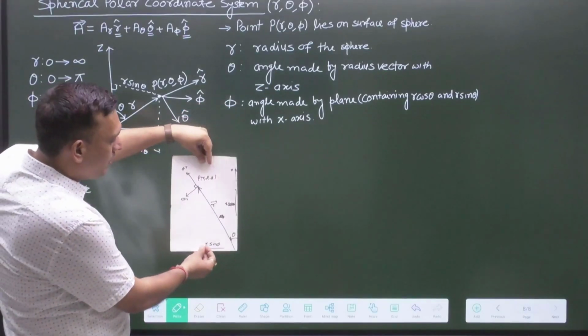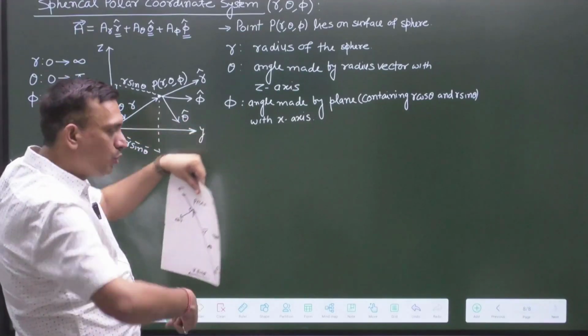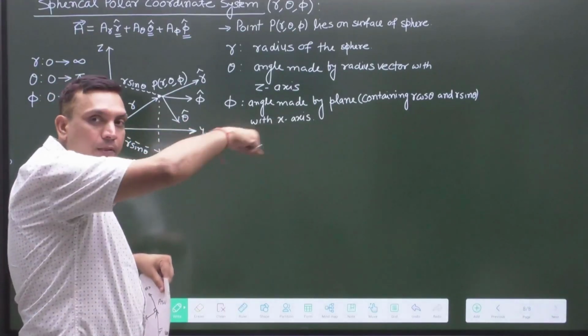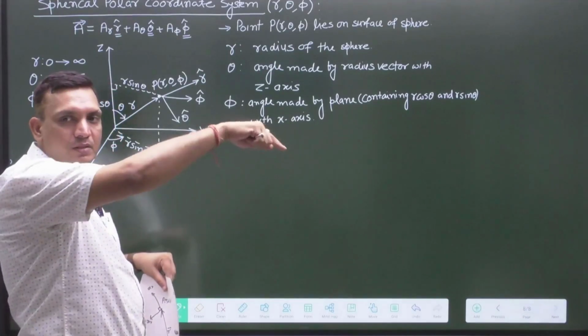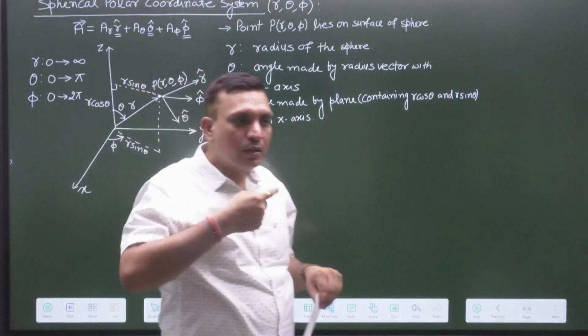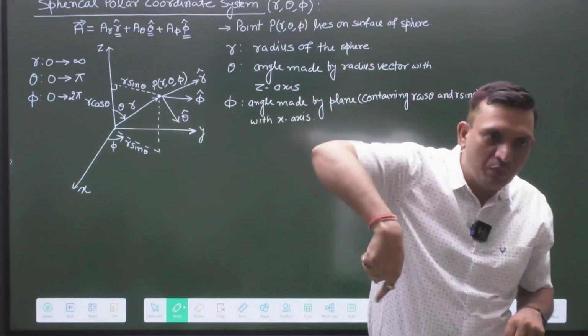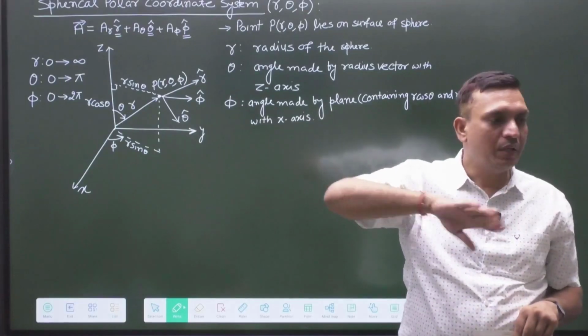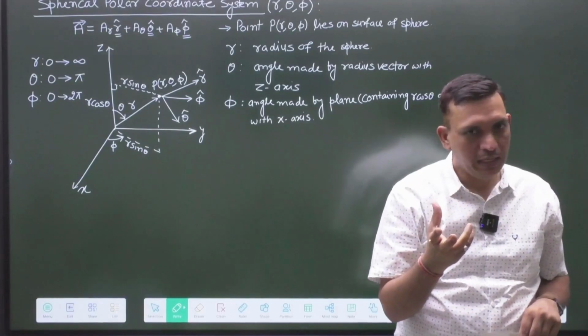You have to start with 0, pi by 2, then pi, 3 pi by 2, 2 pi. So you have to cover the whole circumference. So that's why phi varies from 0 to 2 pi. If you want to cover the whole sphere in terms of phi, you have to vary phi from 0 to 2 pi. But theta varies from 0 to pi, and you can cover a sphere. Clear?